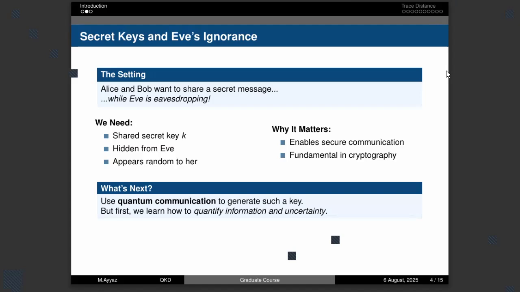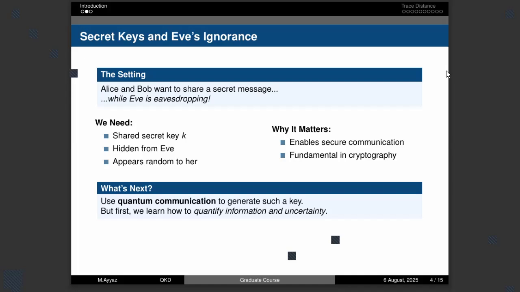In the previous videos, we talked about how we can distribute keys between two parties called Alice and Bob, our famous protagonists. And we know that we can do this through quantum communication using quantum states.